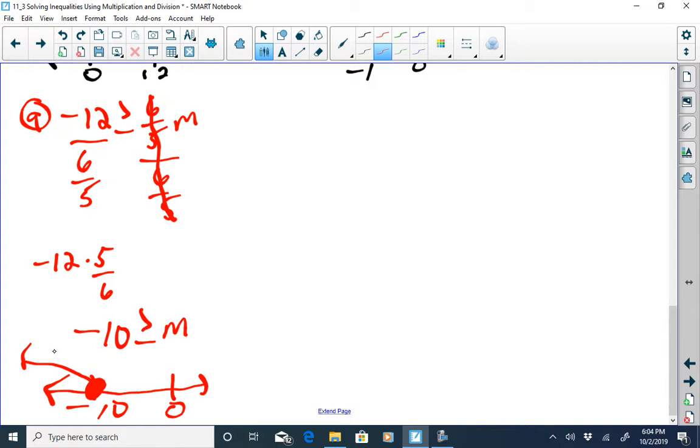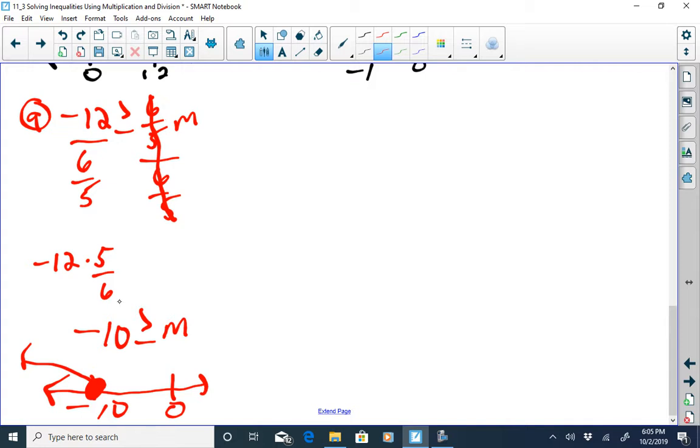Let's check something that's less than -10 here. Let's try something that would work out nicely. So 6/5, something that's divisible by 5. Let's try -20. What's 6 times -20? That would be -120.